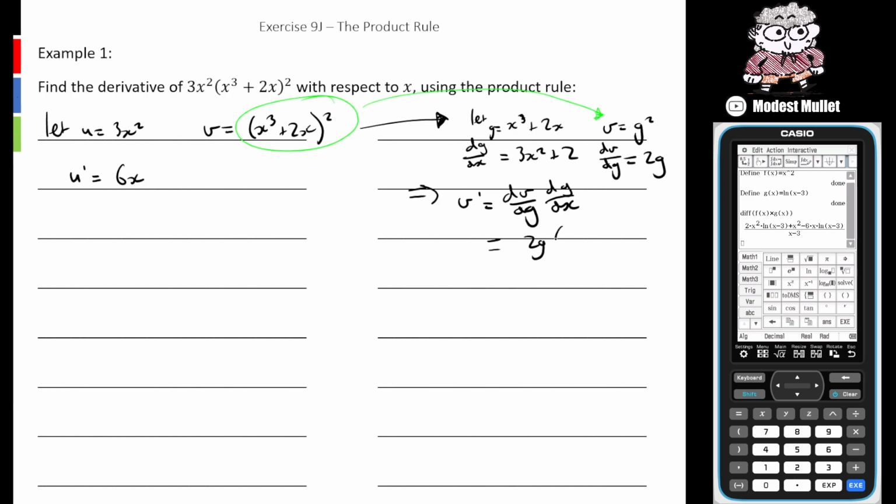Okay, so we get 2g times 3x squared plus 2, which is equal to 2, and g we said is x cubed plus 2x, times 3x squared plus 2.